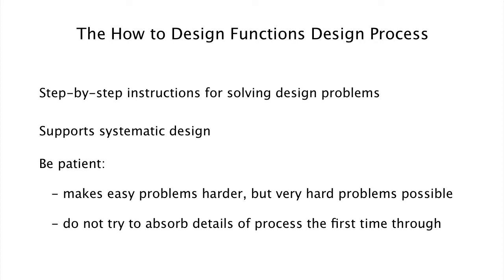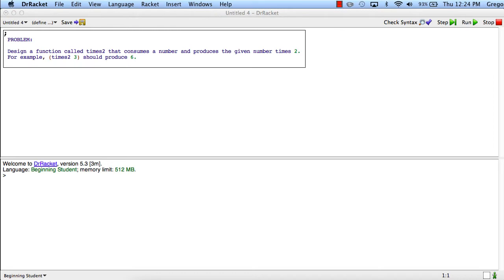You can always rewind the video, and more importantly, lecture and other videos will go through the HTDF recipe again in more detail. We'll go through this design recipe hundreds of times in the course, and each time we'll introduce a new aspect about how it can help us solve a hard problem. So here we go.